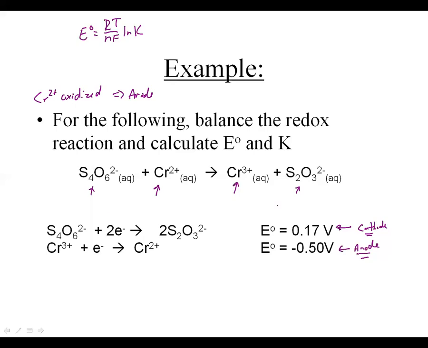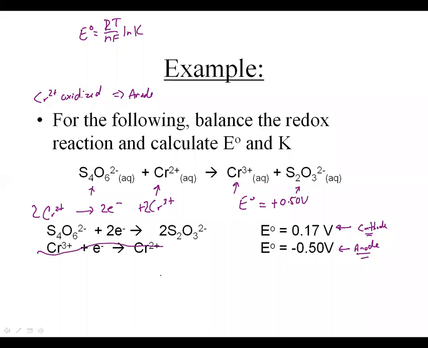It would go like that. It would go to this plus this. We also would need the same number of electrons, so we would need to multiply it by 2. And our E value, if I flipped it and you want to write the correct E value, it would be positive 0.5 volts. What I'm going to do is just put a line through here.